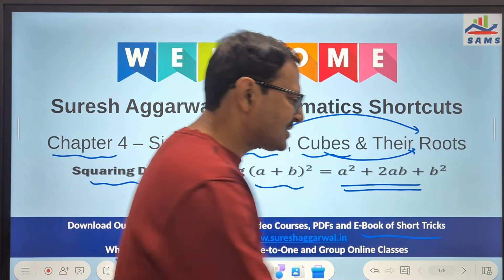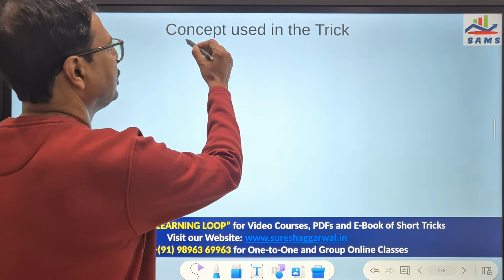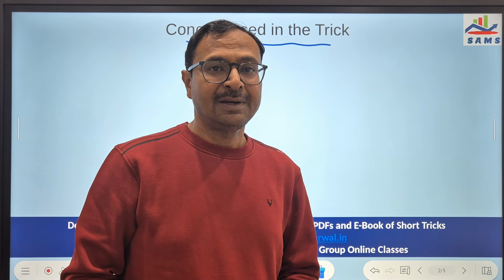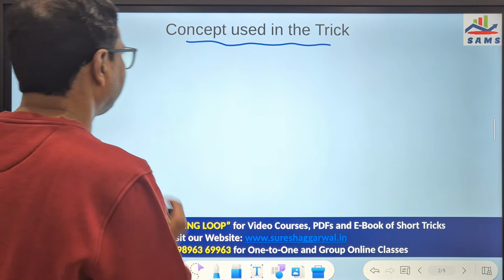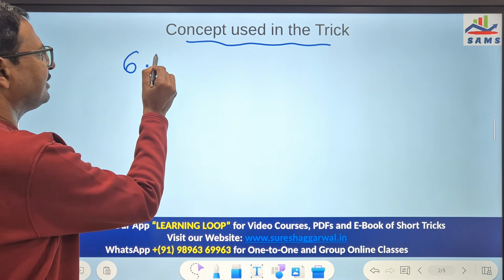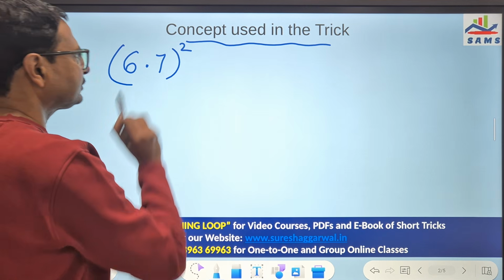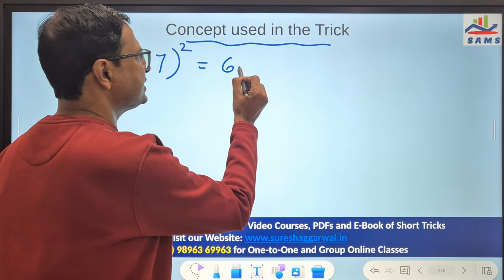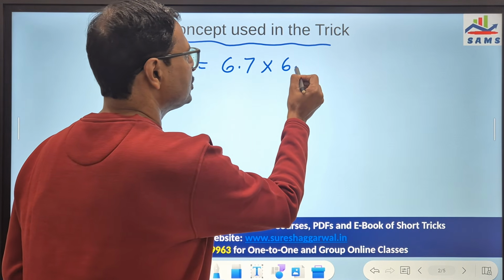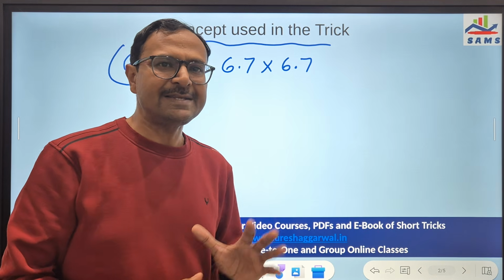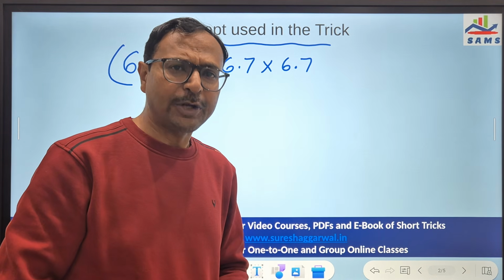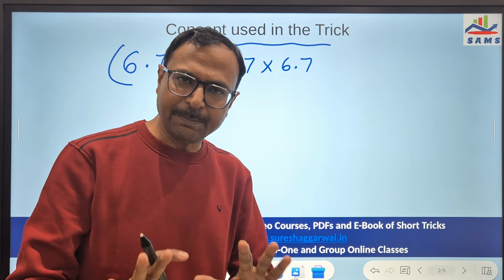So friends, let's first understand the concept used in the trick. When I say decimals, let's take a simple example of 6.7, and I have to square this. Now 6.7 square is actually 6.7 times 6.7, right? So if you know how to multiply 67 and 67 or square 67, then putting the decimal is just an elementary step.